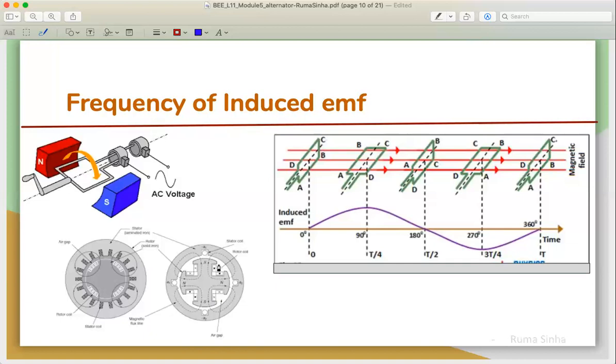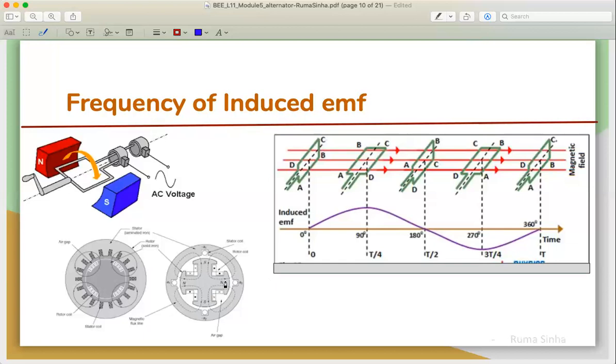Suppose this is rotating in the clockwise direction. So this N pole goes here, and that means this South Pole comes here. So with respect to this conductor, there is a mechanical movement of 90 degrees, but it has shifted from North Pole to South Pole. So the induced EMF's angle will be 0 degrees to 180 degrees. Though the mechanical angle is 90 degrees here, the electrical angle is 180 degrees.